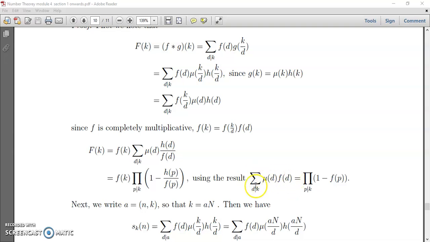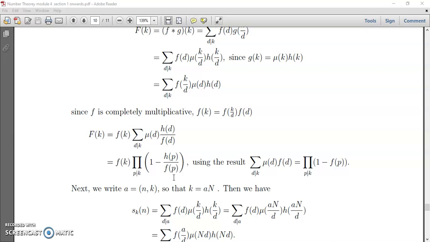We have studied one result that Σ_{d | k} μ(d) h(d)/f(d) is the product over p dividing k of (1 − h(p)/f(p)), treating h/f as a multiplicative function. So we will apply this result and thus we get f(k) times the product over p dividing k of (1 − h(p)/f(p)). We will apply this result later on.